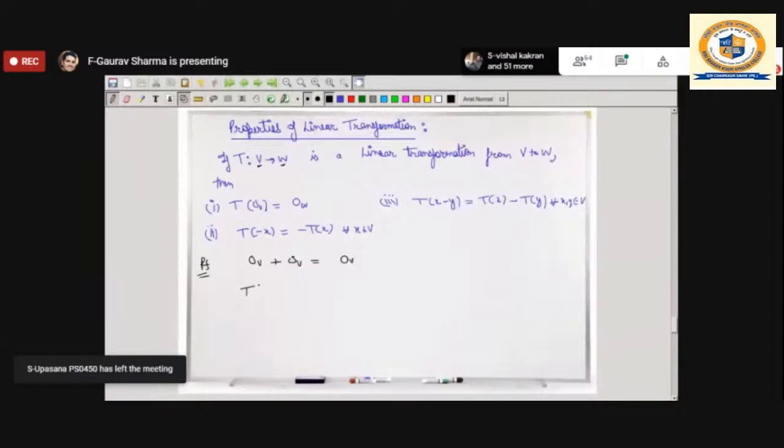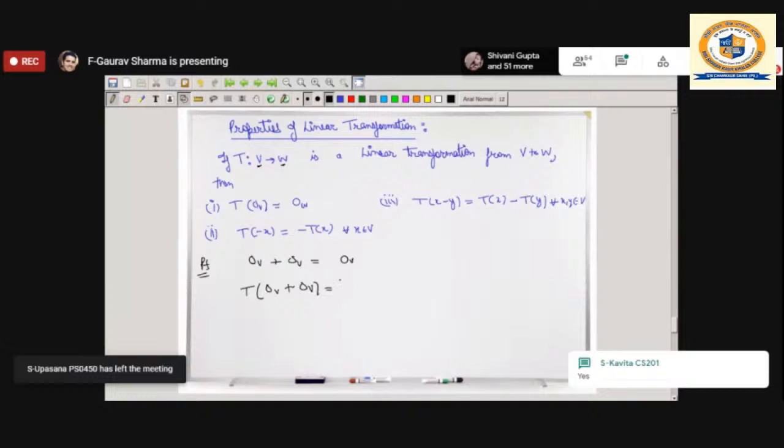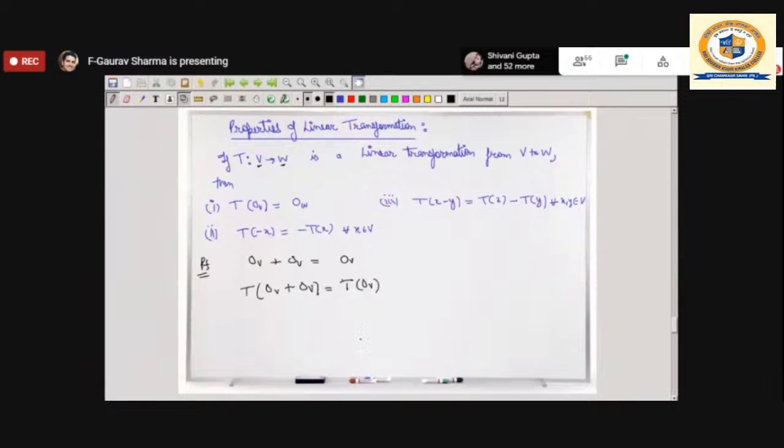So 0V, if I apply the map on both sides, I will get T of 0V plus 0V equals T of 0V. So I'm applying T here.